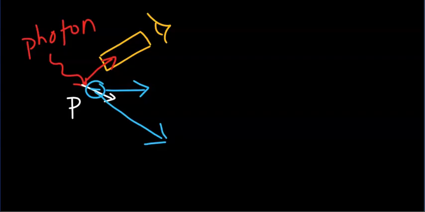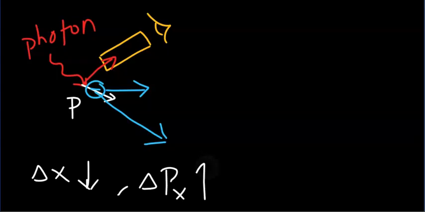So you see, in the process of locating the electron very accurately, that is by making the uncertainty in its position very small, the photon or the light changes the electron's momentum to some undeterminable extent, thus making the uncertainty in the x-component of the momentum large.